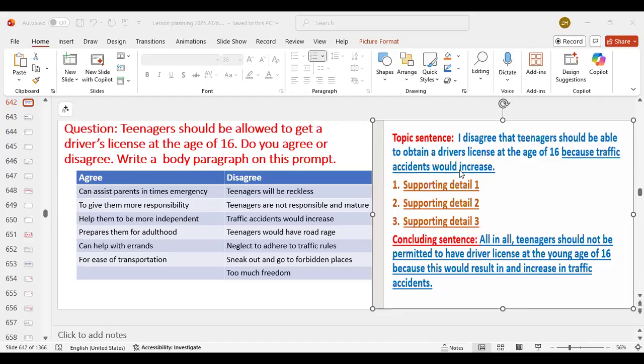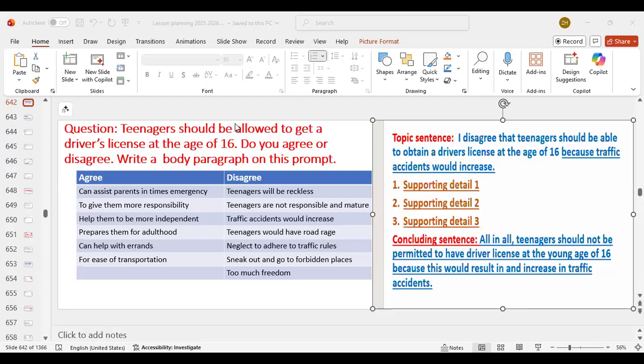So what you should have said is, I agree that, and then you can't say that getting your driver's license at 16 is a good idea, because that's not the question. The question is not whether it's a good idea. The question is whether they should be allowed to do it. You see what I'm saying?